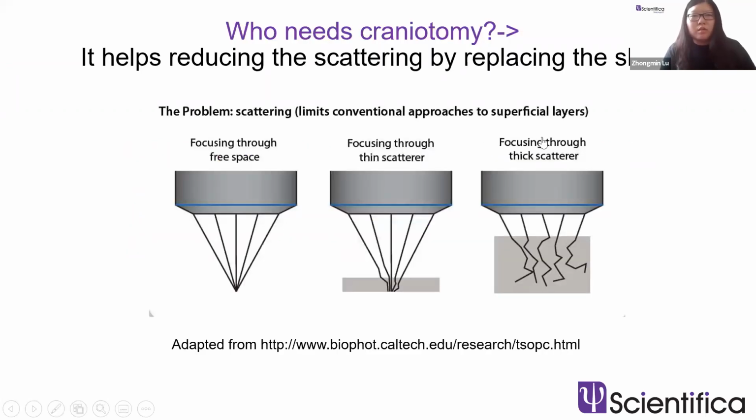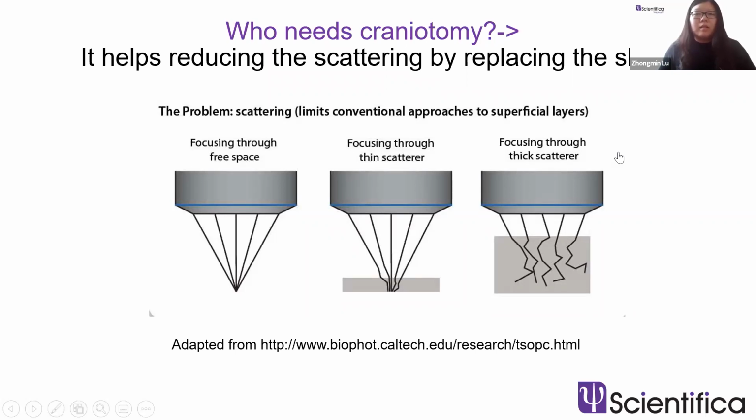So firstly is the sample preparation, especially in vivo sample preparation. If you are a neuroscientist who is interested in studying cortical neural network mechanisms, you probably need to do a craniotomy.